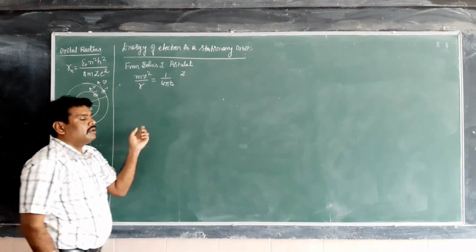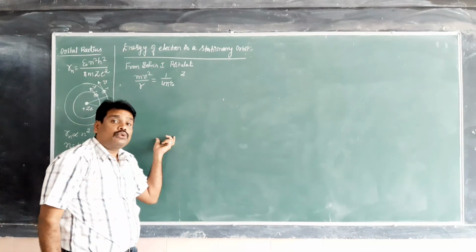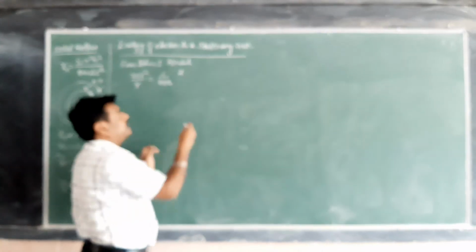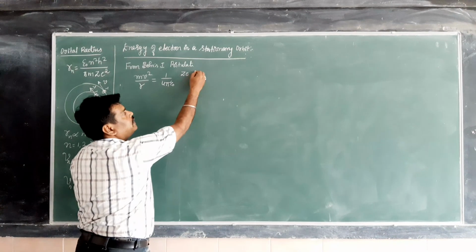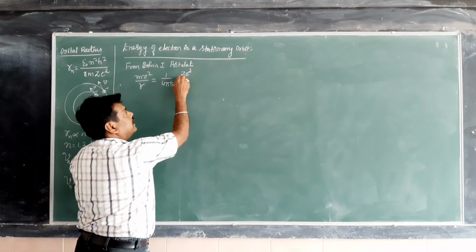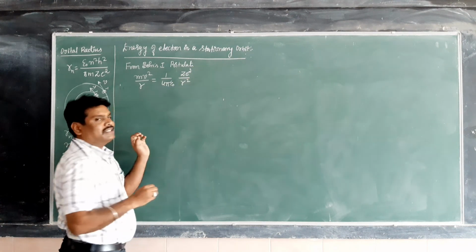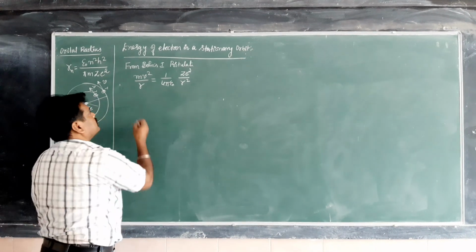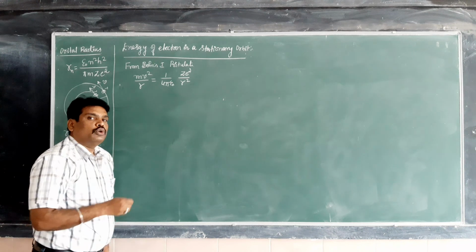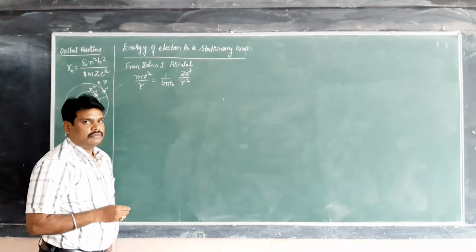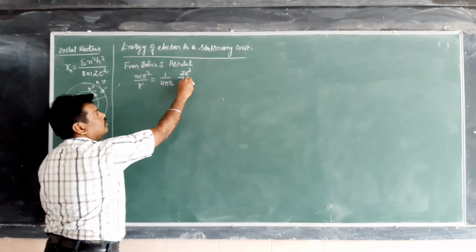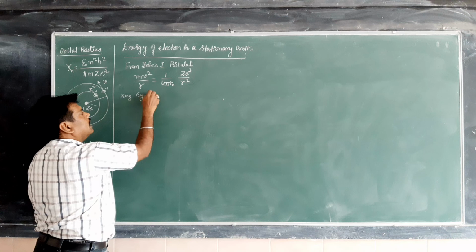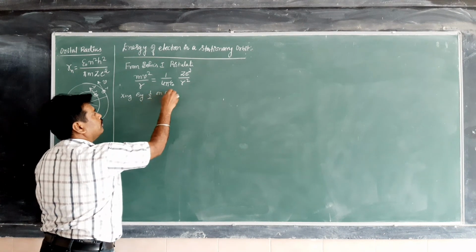You know the method of taking Coulomb's inverse square law: you have to take the magnitude of the charges. So even though it is an electron, we take its magnitude. Z into e into e is Z e square, divided by the square of the distance, and that distance is the orbital radius. Here I am going to modify this equation by multiplying both sides by half, and you can cancel one r.